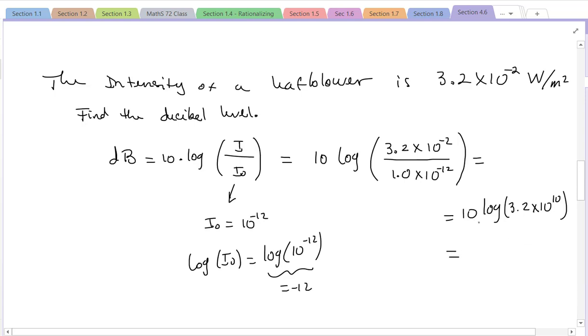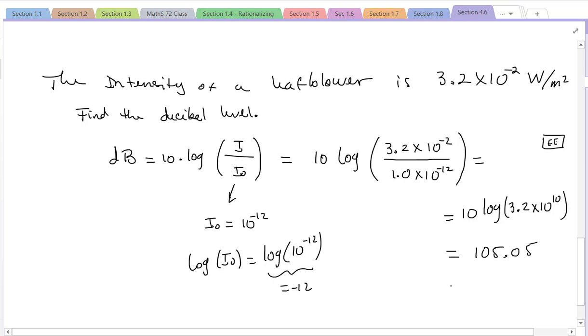If you have just a regular scientific calculator, you might have the key that has the double E, and that's the scientific notation. So you will do 3.2 E to the 10th, or you can just put in the whole thing, 3.2 times 10 to the 10, and that will give you the answer. And so I get 105.05.